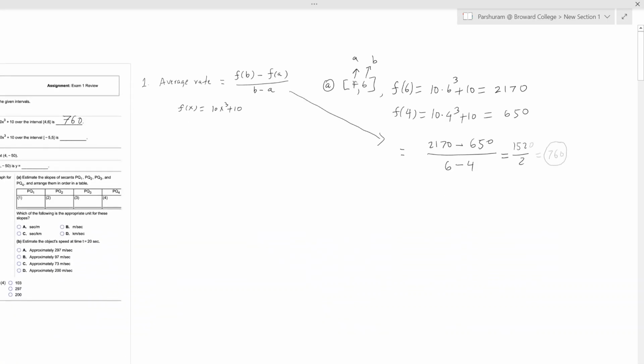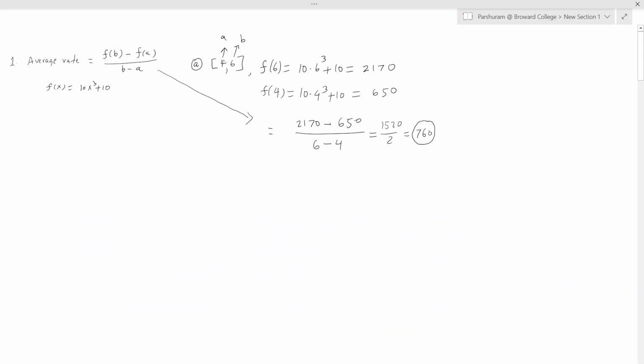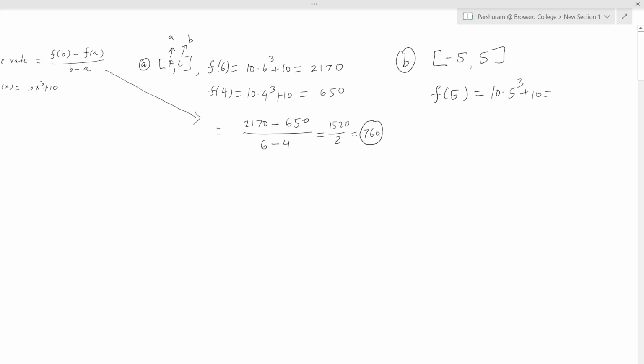By doing the same thing for part B, we're going to find 250. For the part B, this is -5 to +5, find f of 5, which is 10 times 5 cubed plus 10, which is 1260, and f of -5 is 10 times -5 cubed plus 10, which is -1240.